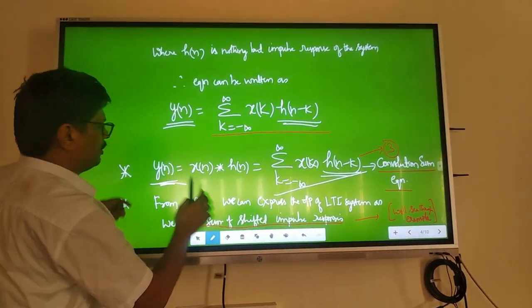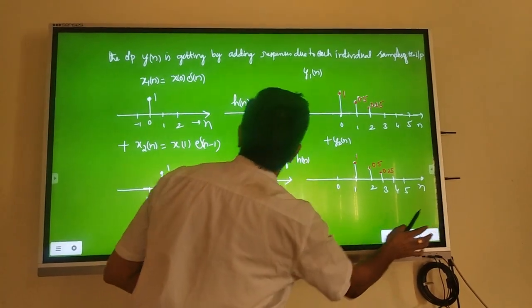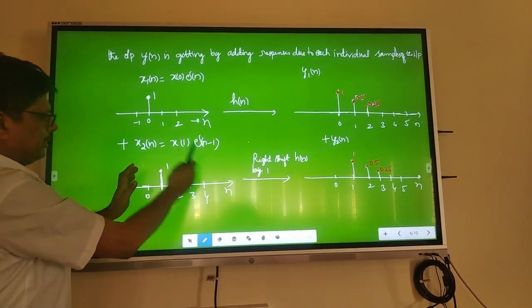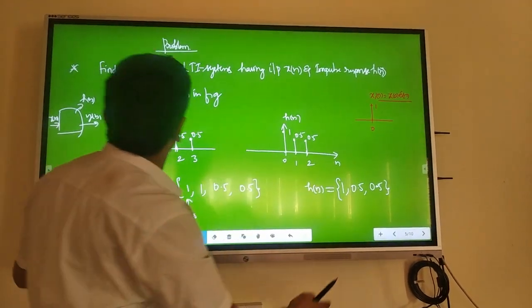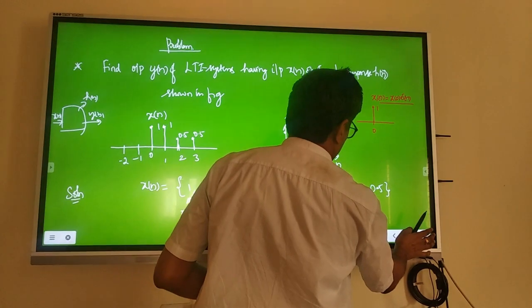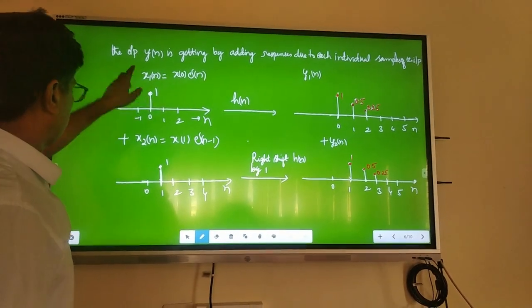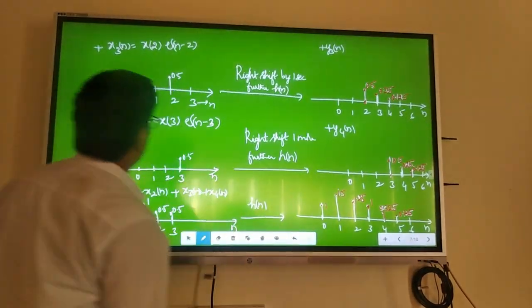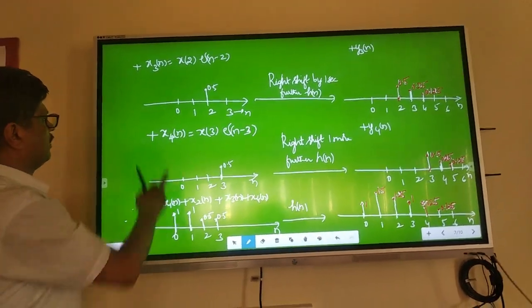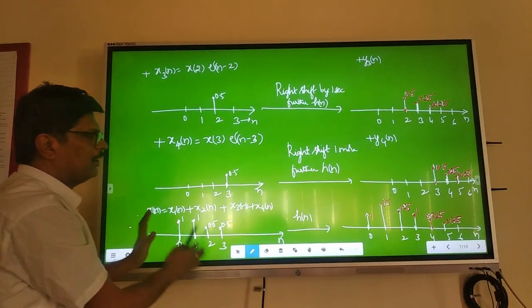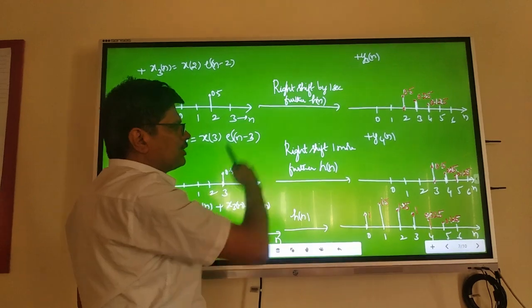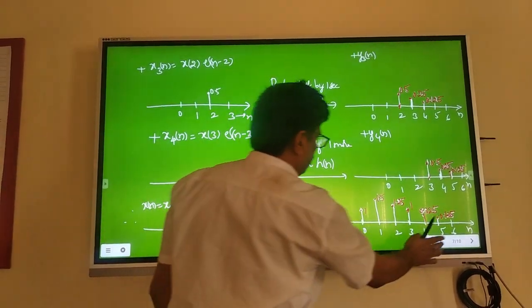That means 4 individual samples: x1 of n, x2 of n, x3 of n, x4 of n. Then finally add all the individual responses. You will get some responses, and those responses you have to add.